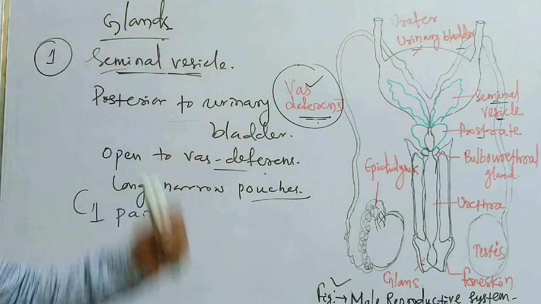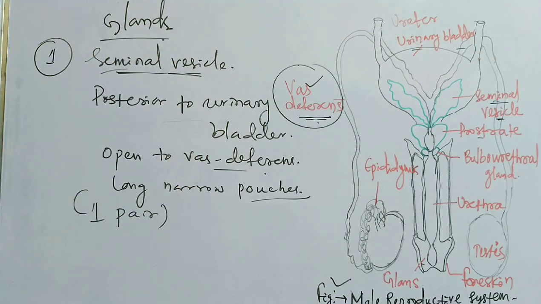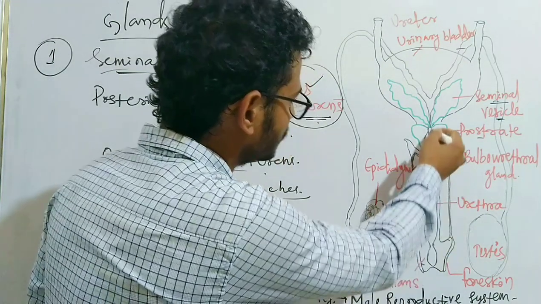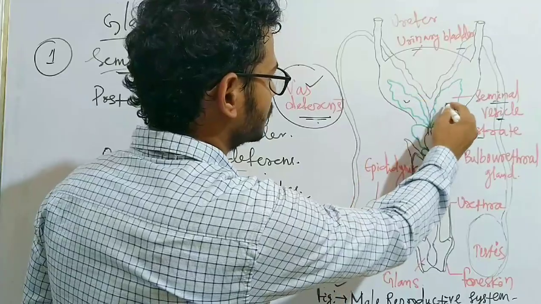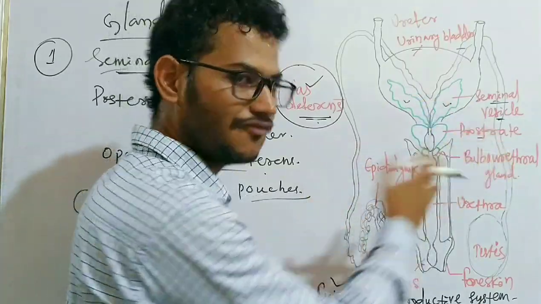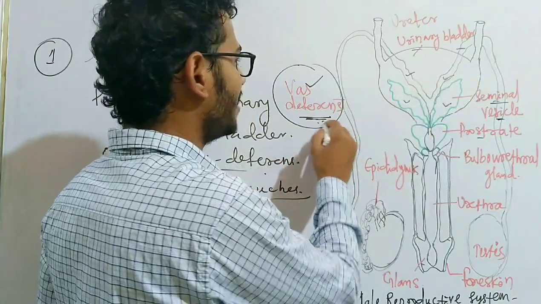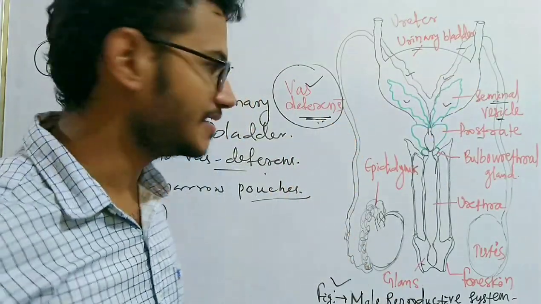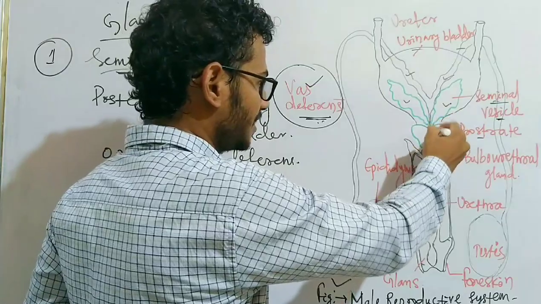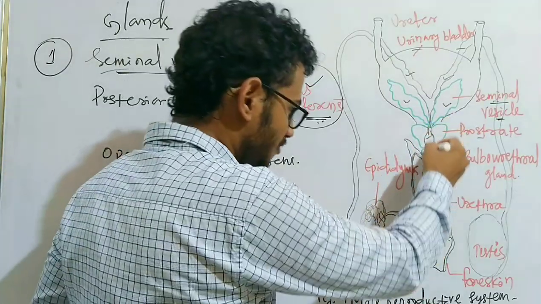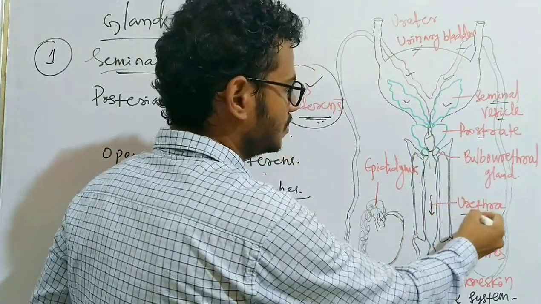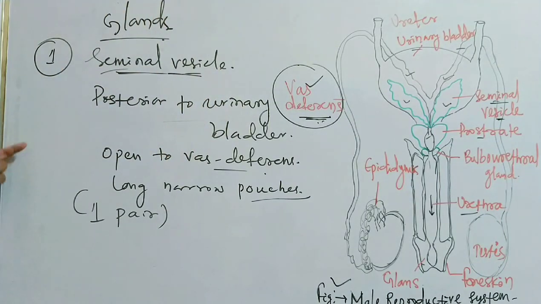So when the two seminal vesicles present on both sides join the two vas deferens coming from the two different testes, they form the ejaculatory duct, and this ejaculatory duct opens into the urethra.